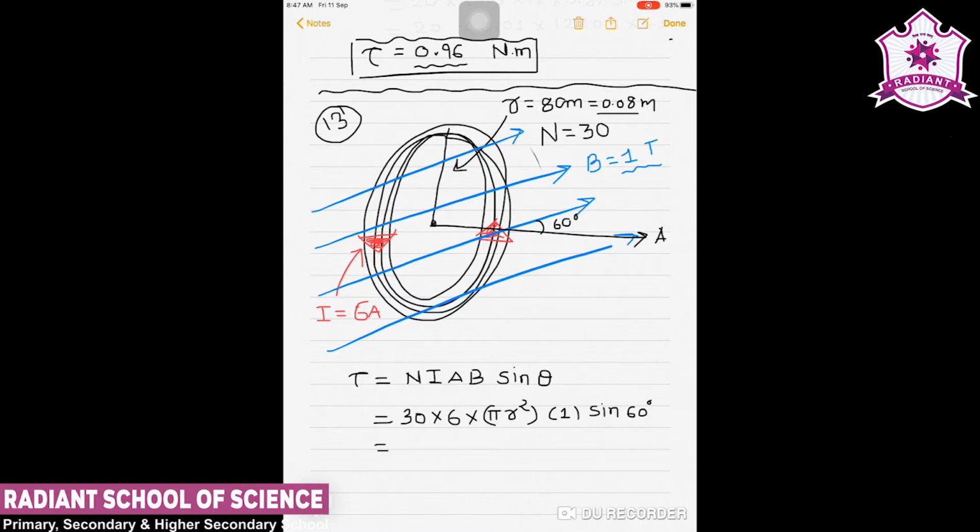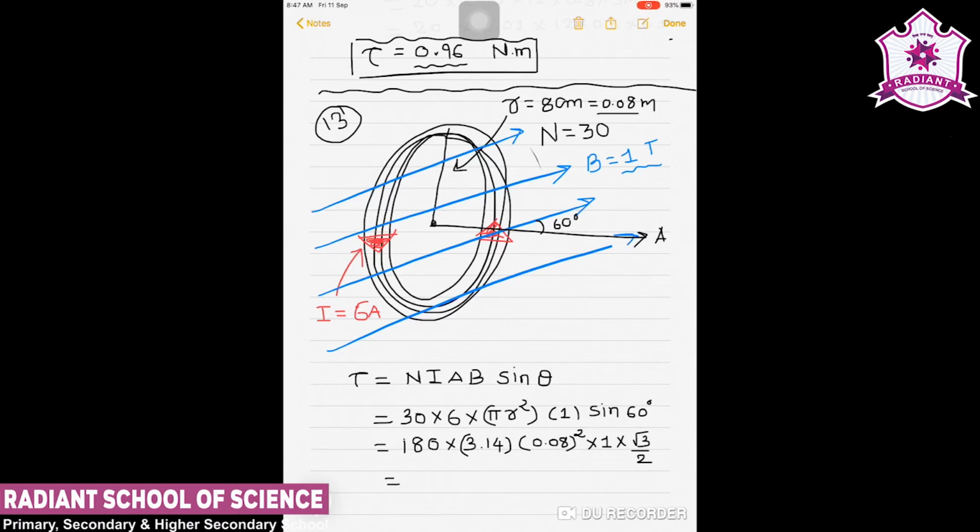So all the values are there: 30 into 6 is 180, into 3.14, that is the value of pi. Then the radius 0.08, whole square because it is a square, into 1, and that is sine 60. Sine 60 is root 3 by 2.